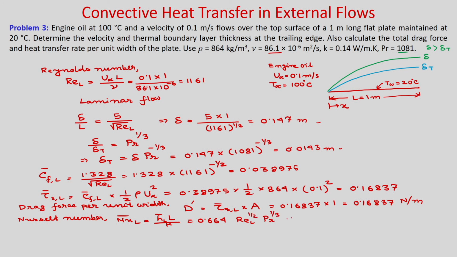We are using this relation because you know that the Prandtl number, 1081, is much greater than 1. So, from here you can calculate the average heat transfer coefficient.